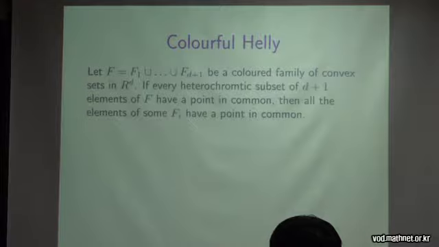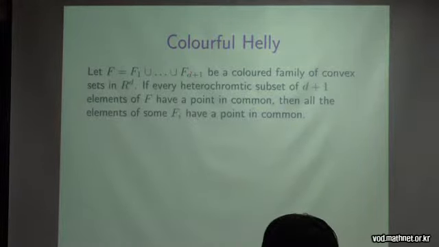It says that, imagine that you have your family of convex sets, but this time it comes with colors. So you can express F as a union of d plus 1 sets, and each one of these represents a color. F1 is the first color, and you think that the elements here are colored with the color 1, and so on.